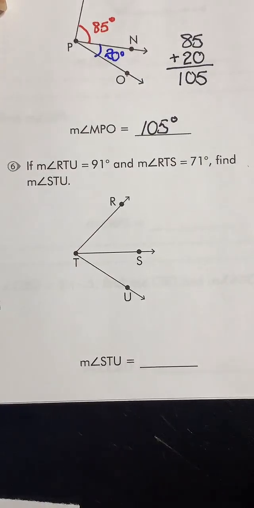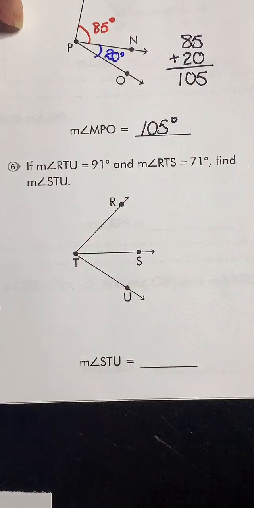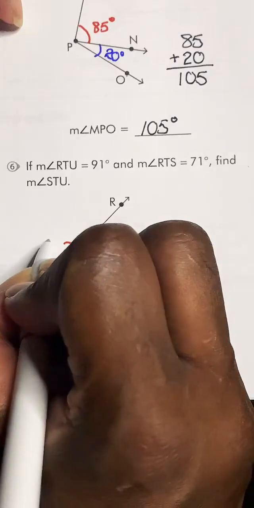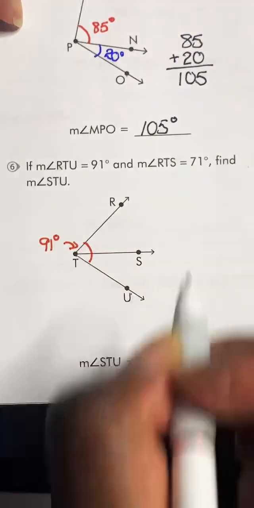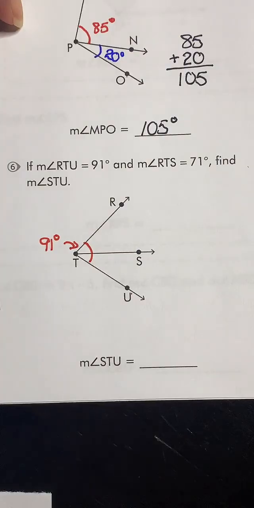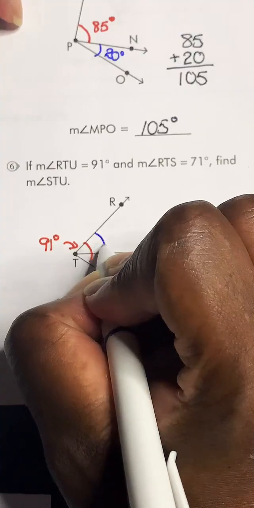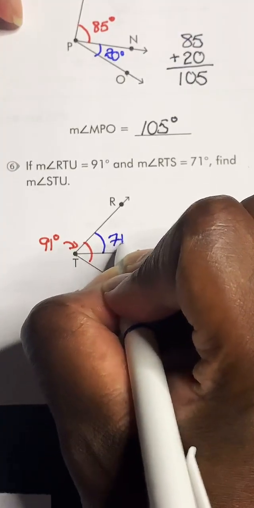All right. If the measure of angle RTU is 91 and the measure of RTS is 71, find the measure of STU. So they're telling you RTU, that means that whole entire thing measures 91 degrees. RTS, this angle's 71 degrees.